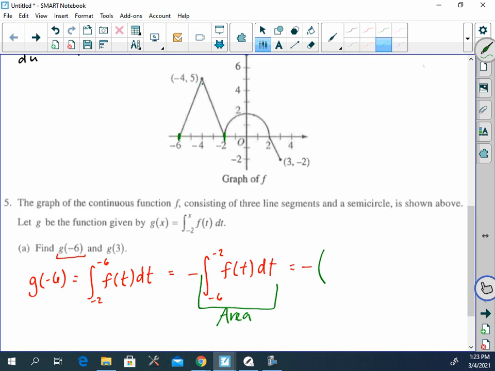It's above the axis, so it's positive, and it's the area of a triangle, so 1/2 base times height. Our base goes from here to here, which is 4, and our height is the y value of 5. So we end up with this negative sitting out front because we flipped that integral around, and then we just end up with 10, so negative 10.